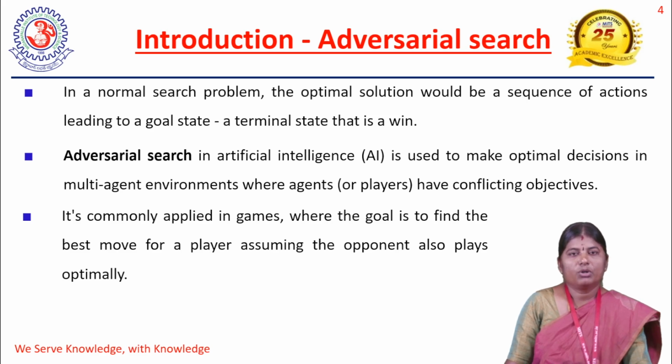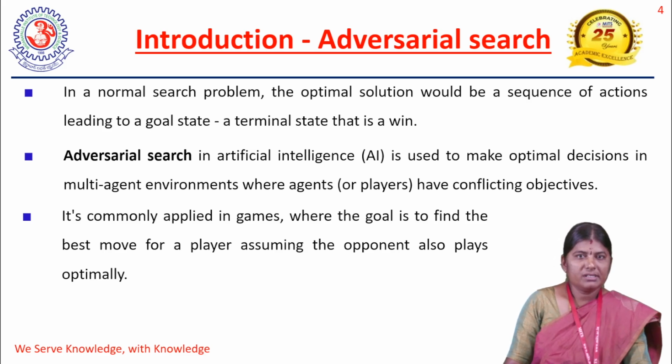In a competitive environment, each agent needs to consider the actions of the other agent or opponent and how they affect the outcome, or how they affect one's profit. Where can it be used? This kind of search is commonly used in games, where the goal is to find the best move for a player, assuming that the opponent also plays optimally. Even in the worst condition, it finds the optimal solution.